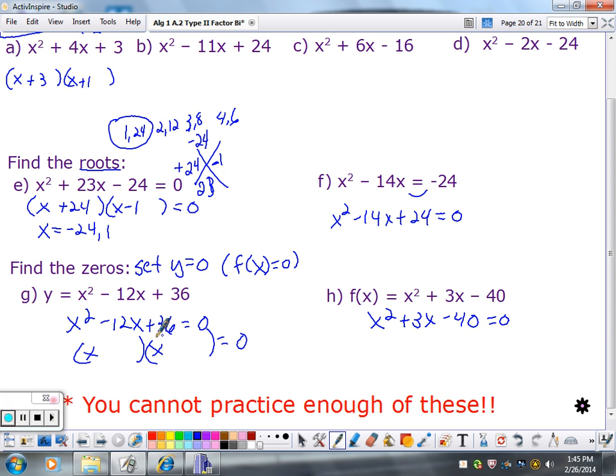I need two numbers that multiply to 36 but add to negative 12. Since this is positive and this is negative, I know they're both negative. What two numbers multiply to 36 but add to negative 12? Think of all the factors of 36. 1 and 36? 2 and what is it? 6 and 6. So minus 6, minus 6.